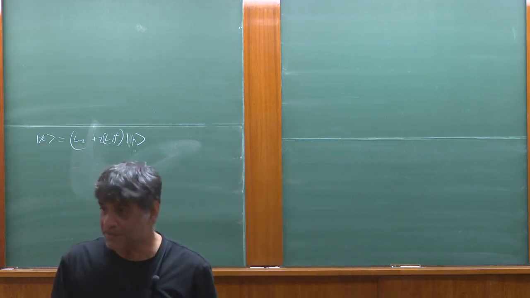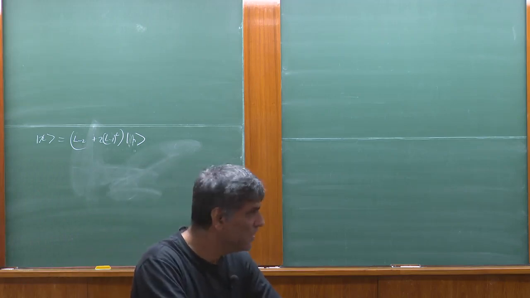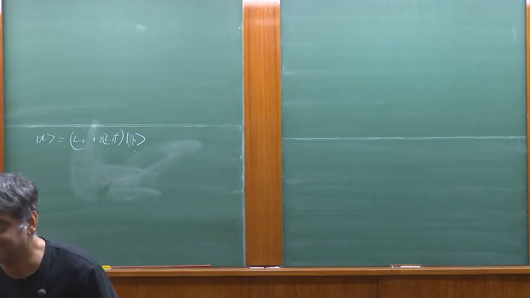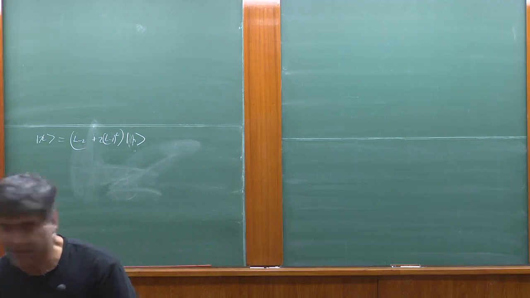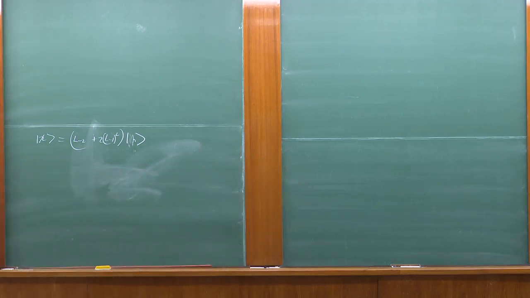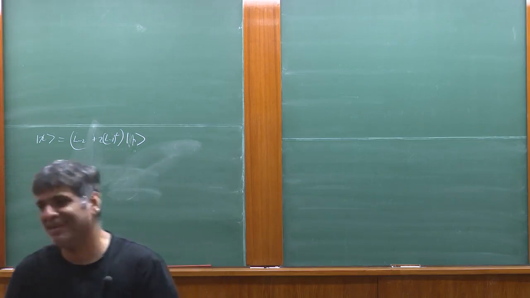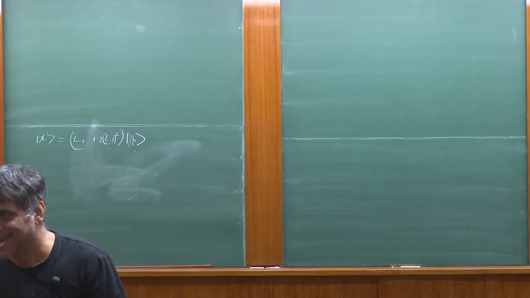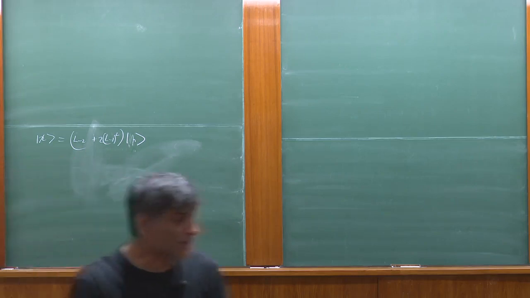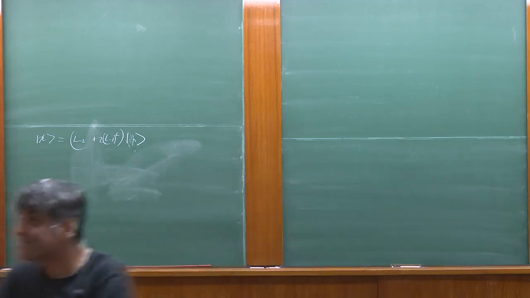I just wanted to illustrate the fact that the way it became null was that it was a primary as well as a descendant. So we found another way. We basically did the first way in the previous class because we found the whole inner product matrix, so diagonalizing it was a simple job. But I wanted to illustrate another point: you can ask, what is the mechanism for it becoming null?